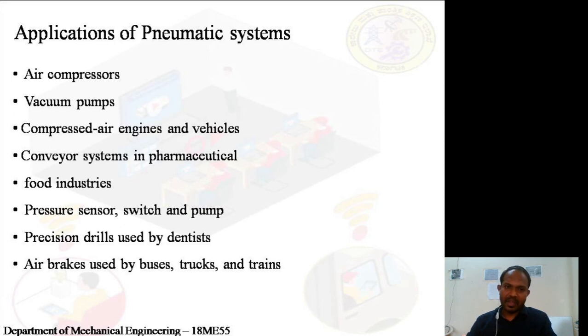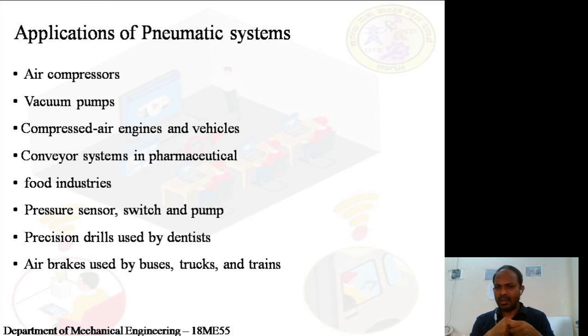Pressure sensors, switches and pumps, and precision drills used by dentists. Dentists use these precision drills, which have a very small, minute nozzle, and they also use pneumatic systems. Then the air brakes used by buses, trucks, and trains.